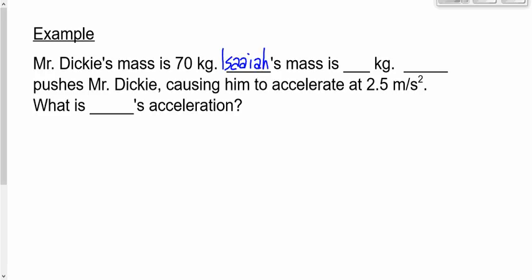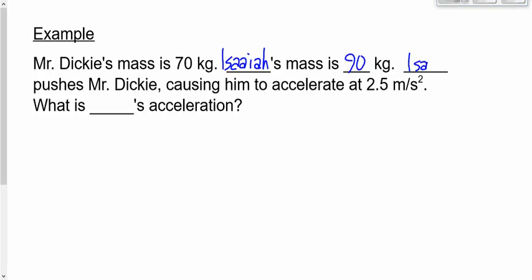There's a lot of vowels in that. Okay. Isaiah, what's your mass? What are you in pounds? 180, so you're probably going to be, what is that? Maybe, no, it's more like 90 kilograms, let's say. Yeah, I'll say 90 kilograms.